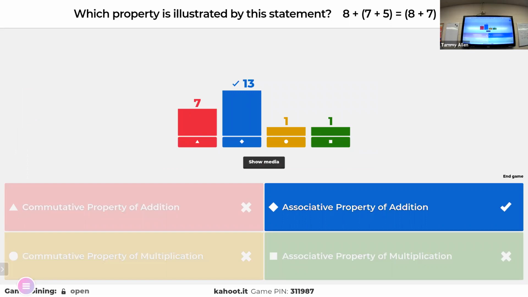The 7 and 5 became the grouping of 8 and 7. It was addition, so it's the associative property of addition. What's going on? It's saying time's up. Okay, I'll try to come back there this time and see what's going on.